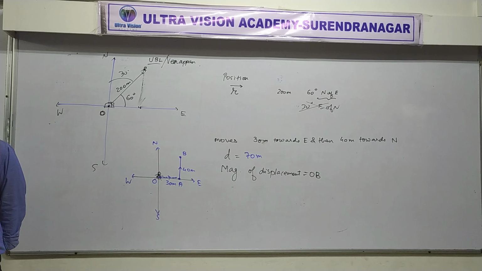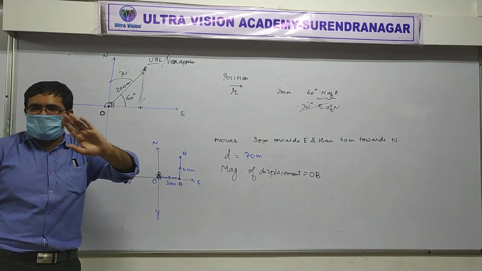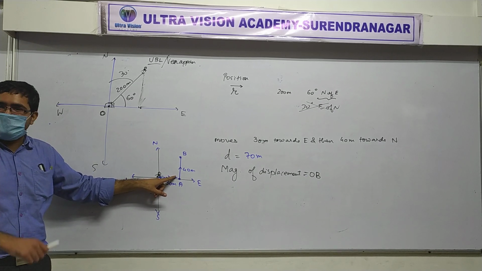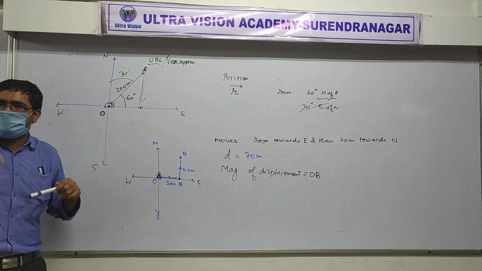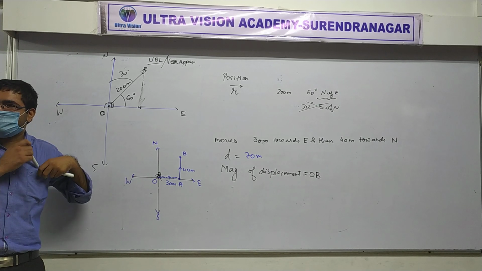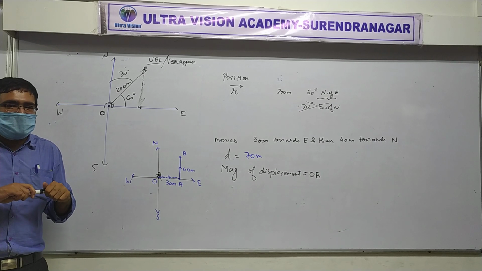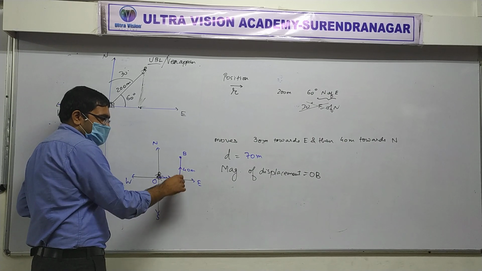This is eastwards and then that is northward. Correct or not? Here the angle is going to be 90 degree. Is it clear what's going on? 30 meter this way, 40 meter upward, that is toward north.